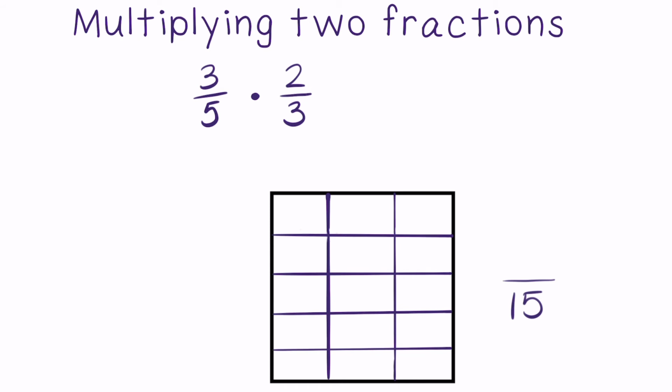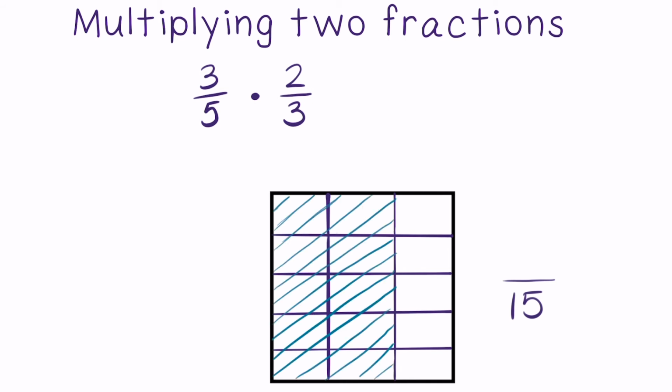We have to figure out how many out of those 15 equal parts are going to be represented when we find 3/5 of 2/3, when we solve the problem of 3/5 times 2/3. So let's start by representing 2/3 by shading it in with the blue. Now that we've shaded in 2/3 vertically, we can shade in 3/5 horizontally with the pink.